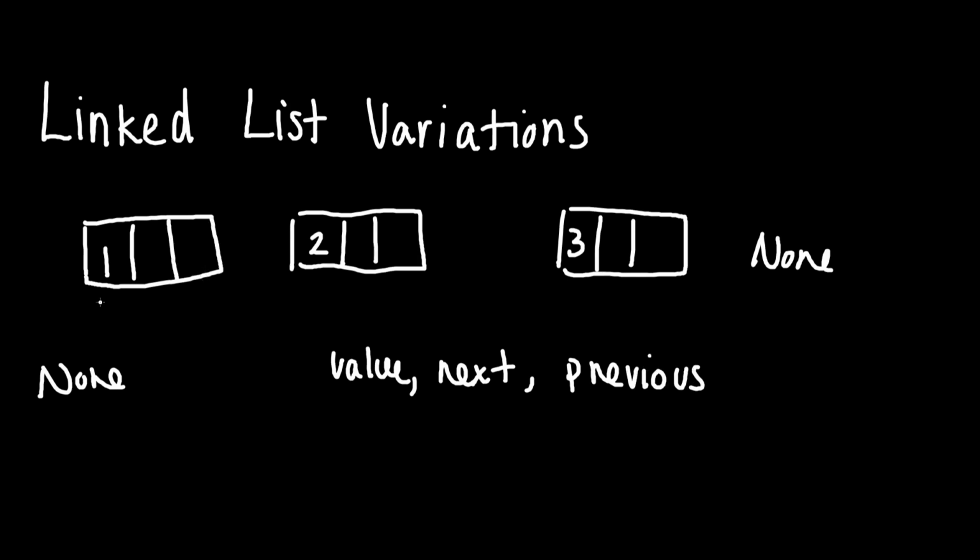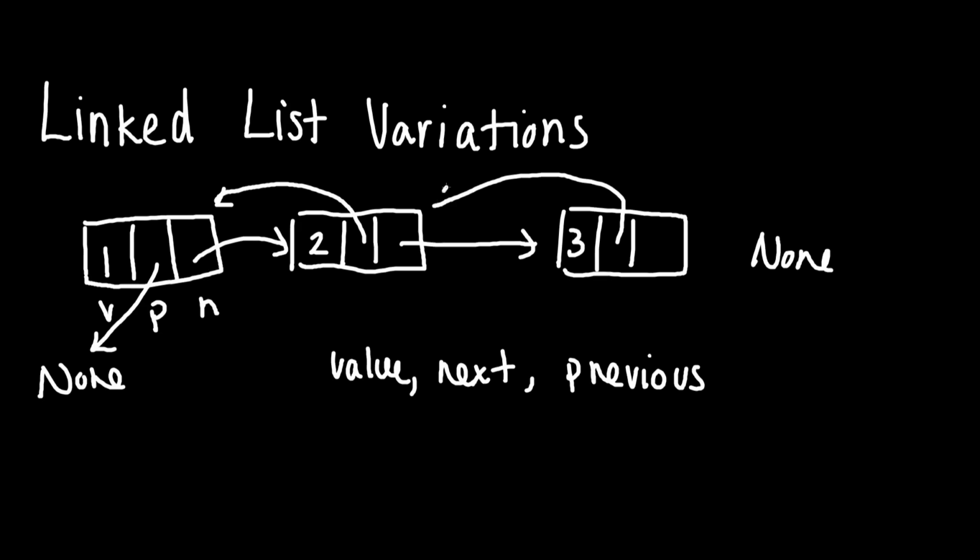Let me clean it up like this: previous and next. Anyways, previous will go this way. Next will go this way. This one's previous will go this way. Next will go this way. Previous will go this way. And next will go this way.